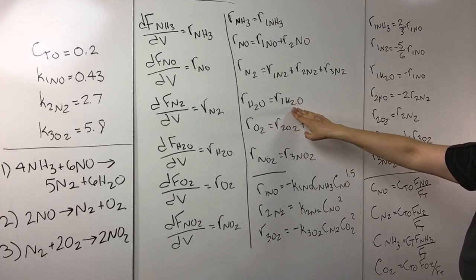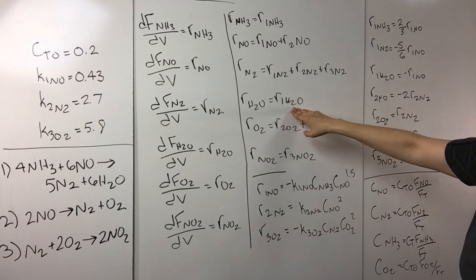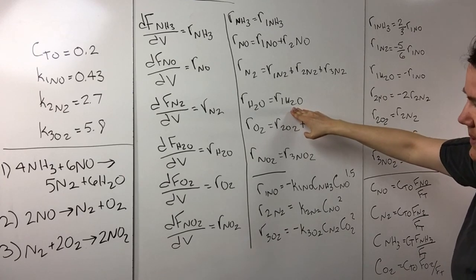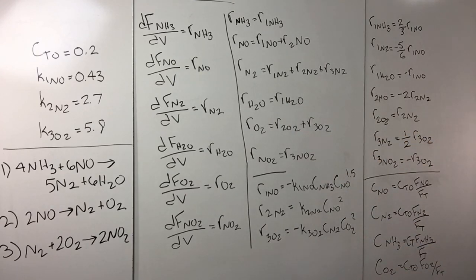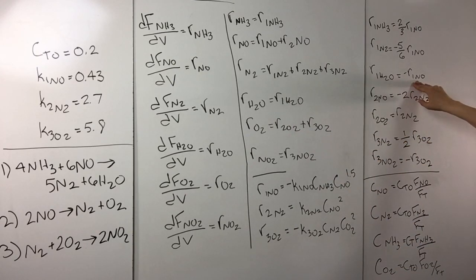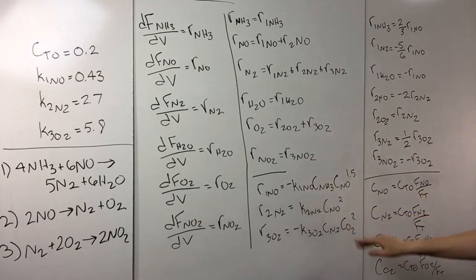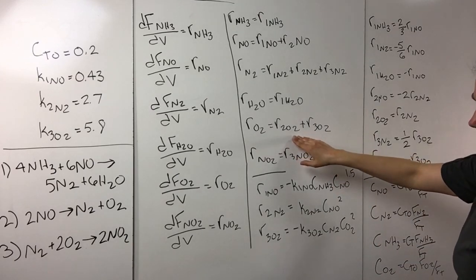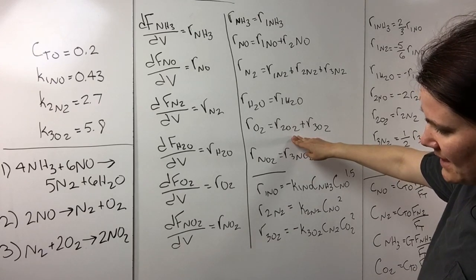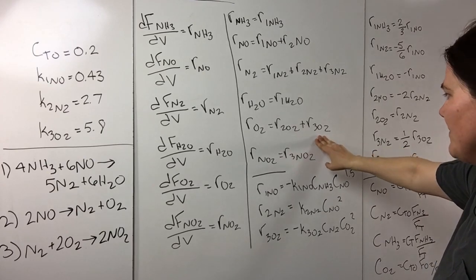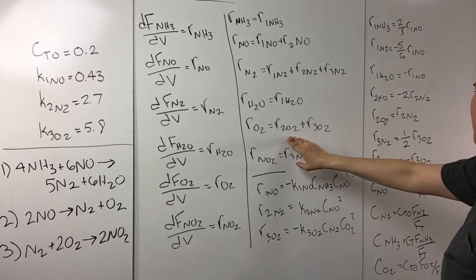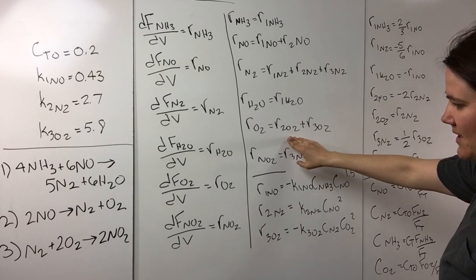RH2O is appearing in the first reaction only, so R1H2O should be positive. And if we go here, it's negative 1 multiplied by R1NO. So negative multiplied by negative is positive. So that's right. O2 is appearing in the first reaction and disappearing in the second one. So R2O2 should be positive in the first and negative in the second.